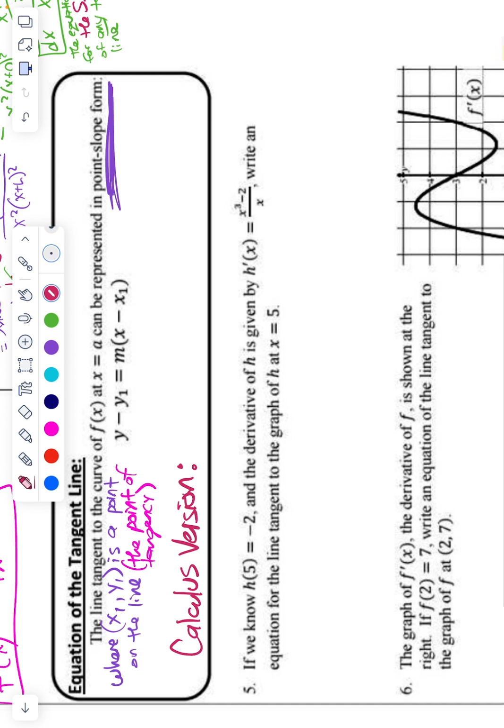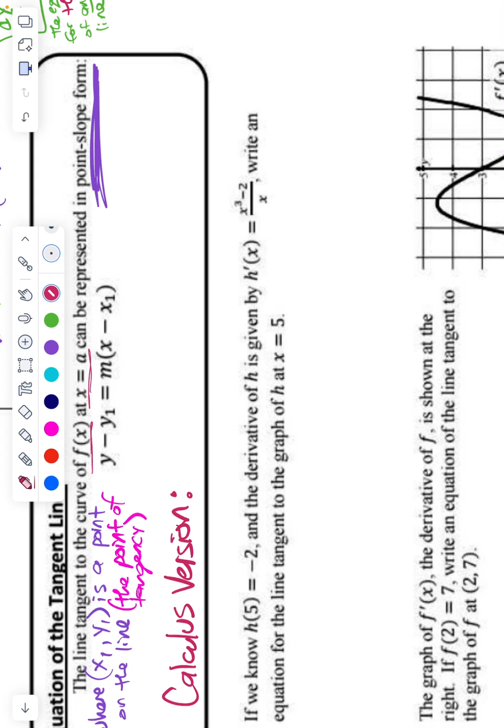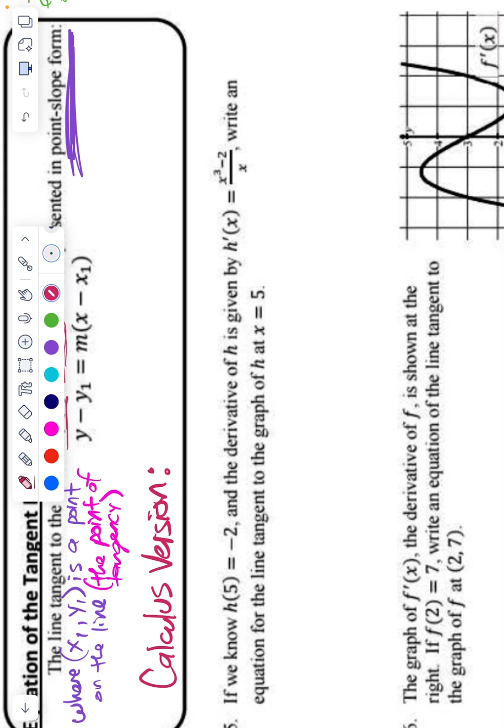So we're talking about a tangent to the curve f of x. The line tangent to the curve f of x at x equals a, just some point that we care about. So it's going to look slightly different than this.